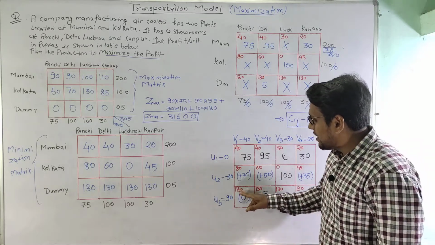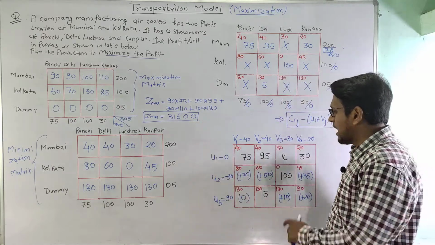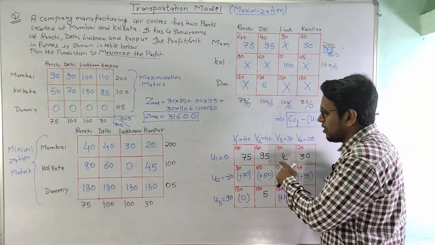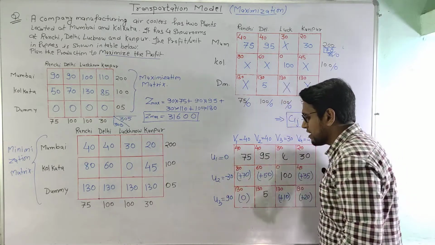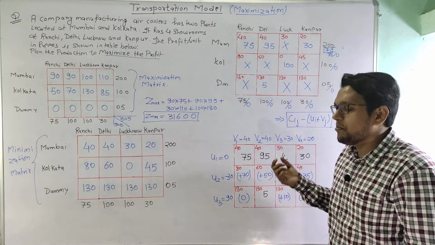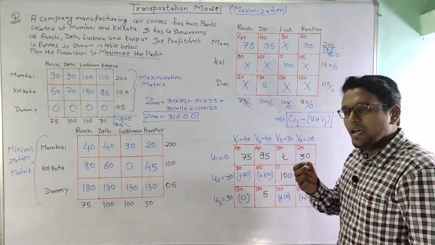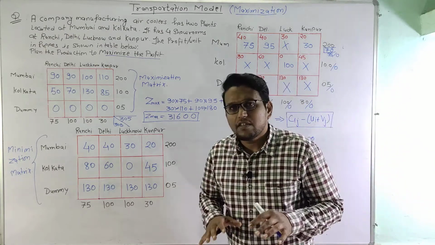That means it will have no effect on the value of z, and we will have a different combination of allocation for the same value of z. So we can say that it has one more solution, or it is a case of multiple solutions for maximization also. So this is the problem for maximization.